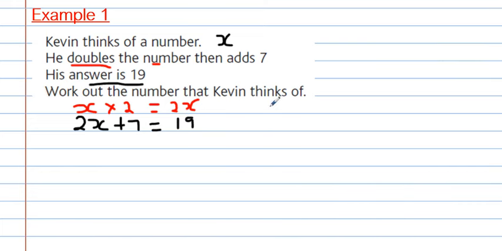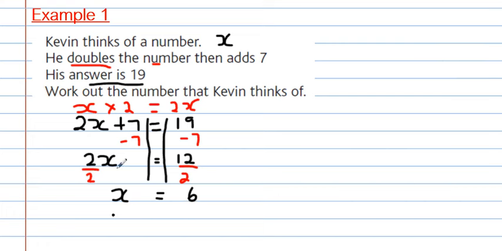Now we're going to solve this equation. You can watch my other video on solving equations if you're not sure. X is 6. Did you get that right? So it means the number that Kevin thinks of is 6. Now let's try another example.